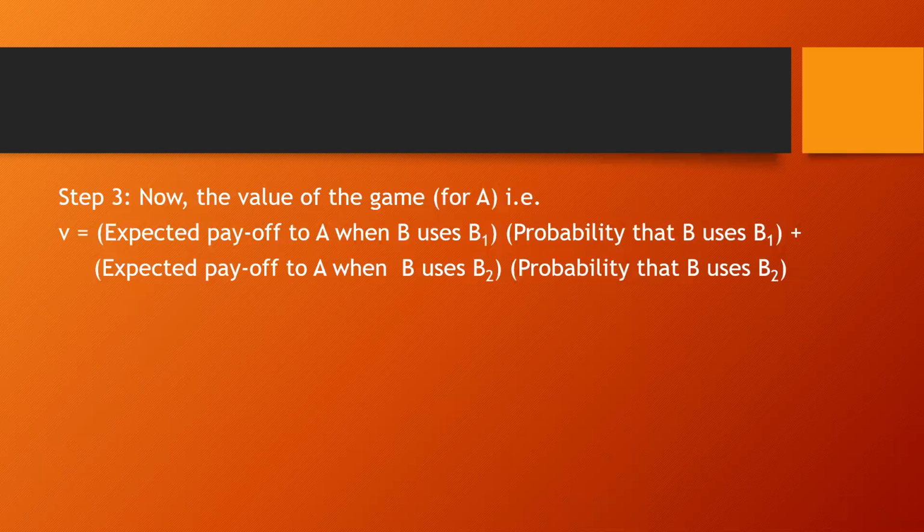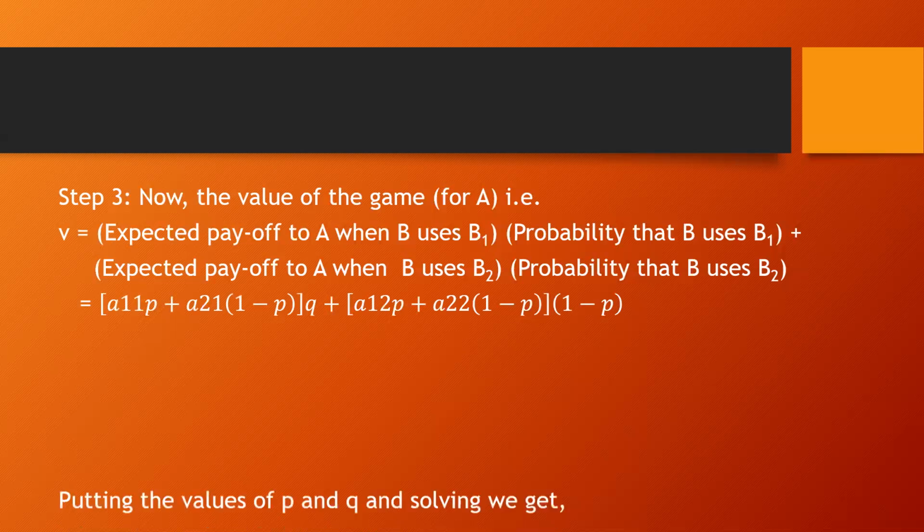Now, this value of the game is for A. Please remember, this value of the game is for A, and that is why we are talking about the expected payoff to A. So the probability that B uses B1 is Q, and the probability that B uses B2 is 1 minus Q.